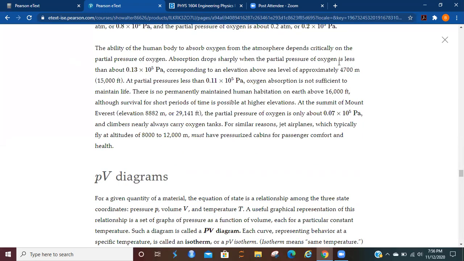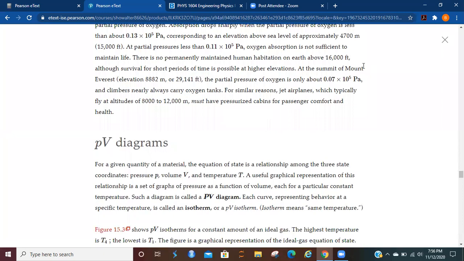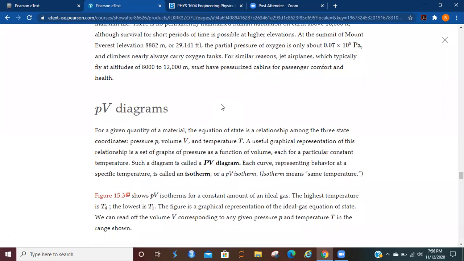That corresponds to about 4,700 meters or 15,000 feet above sea level. You start getting down to 0.11 and the oxygen absorption is not sufficient to maintain life. That's why you don't have settlements above 16,000 feet, though you can survive for limited amounts of time.